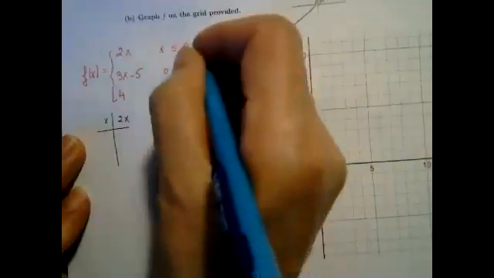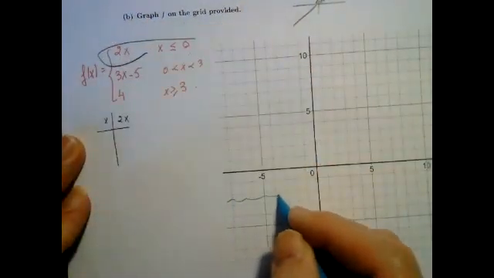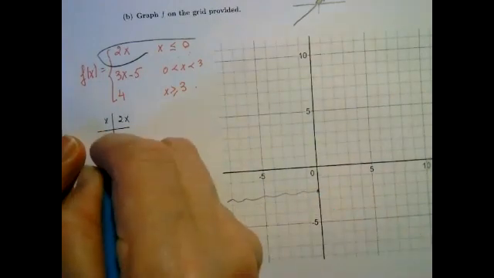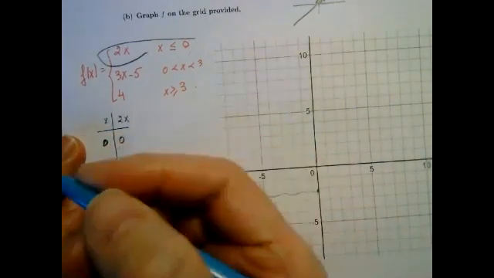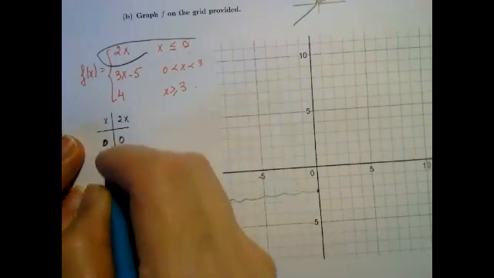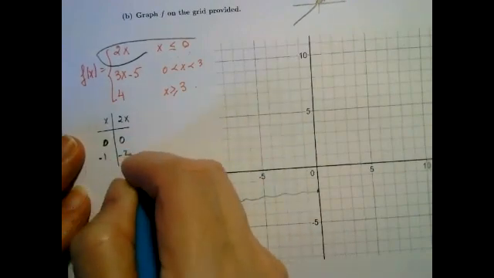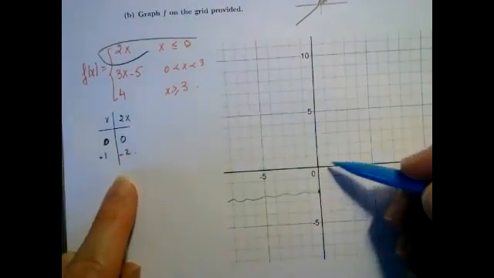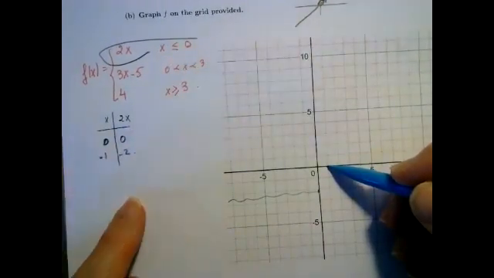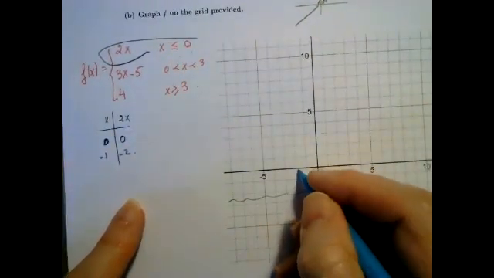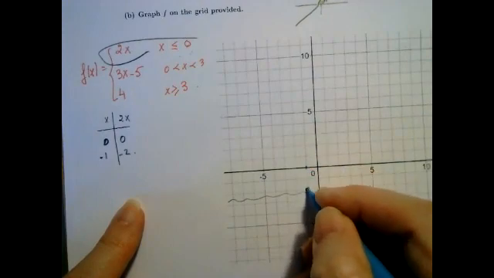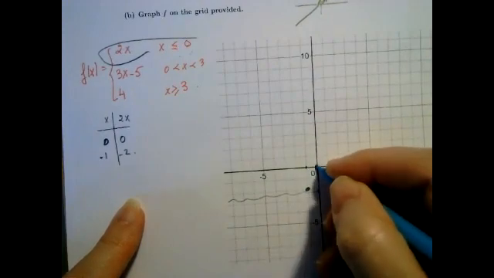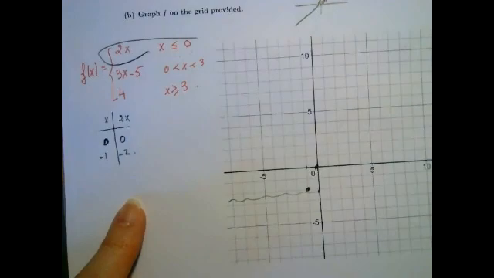So the first piece, up to 0, we have one part. So I can take 0, 0 if you want, or 1, no, I cannot take 1. I have to take minus 1, which gives minus 2. I did not take 1 because this has to stop at 0. So at minus 1, I am at minus 2, and at 0, we are at 0. Now I pick up my line and stop at 0.